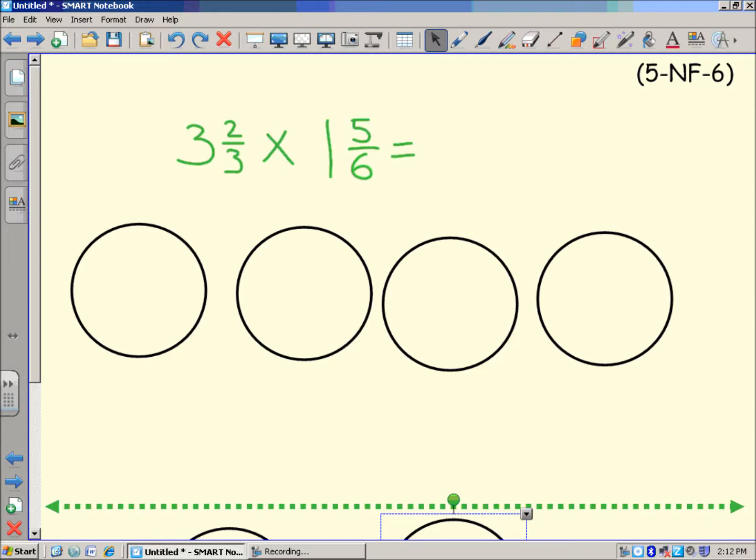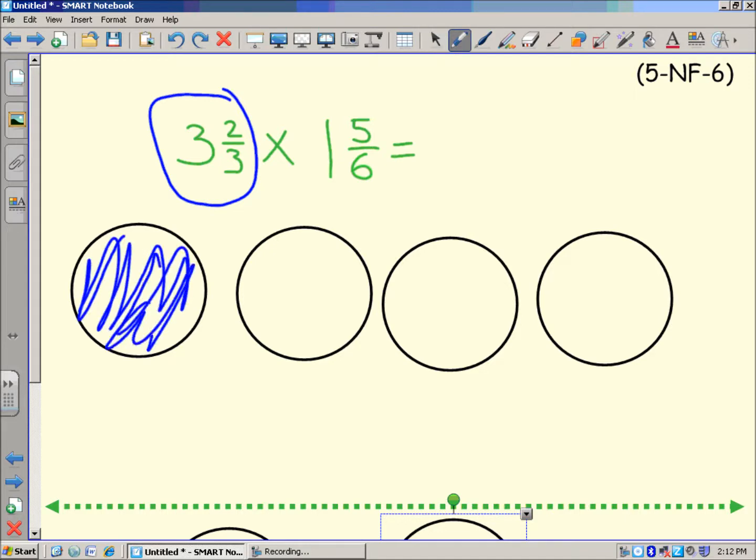Okay, so now I'm going to show 3 2/3 on these circles. If you've got 3 2/3, we've got 3 wholes shaded in. It can be just a rough sketch to show the 3.